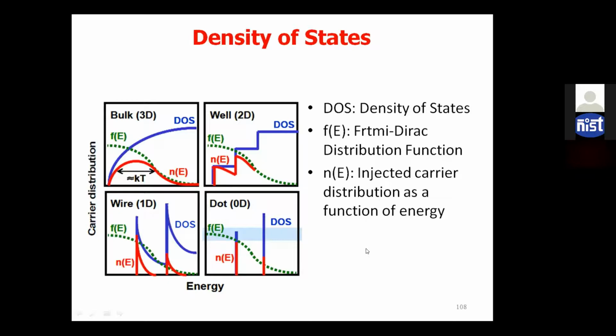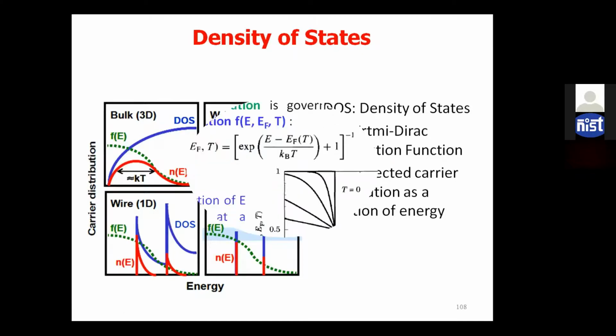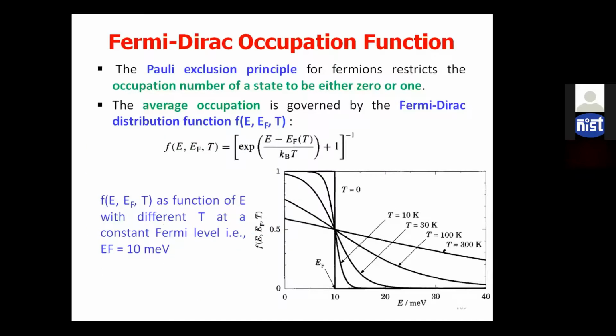So let's take the last discussion regarding this Fermi Dirac distribution function, which is also an important one to know the transport property. As you know, the Pauli exclusion principle for fermions restricts the occupation number of a state to be either 0 or 1.